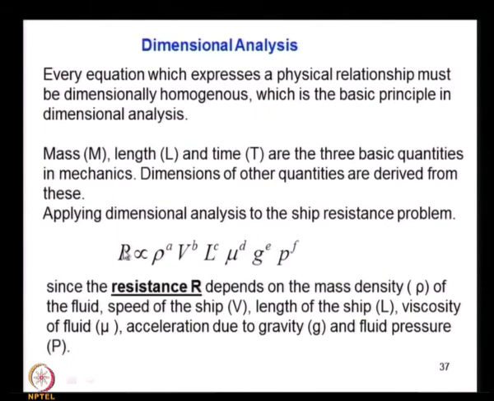Ship resistance depends on the density of the fluid, water or air, and on the speed. We have already seen that frictional resistance is proportional to V power 1.825 and residual resistance is proportional to V power 6. So, it depends on V, and on L. We have seen that it depends on the Reynolds number and the Froude number.